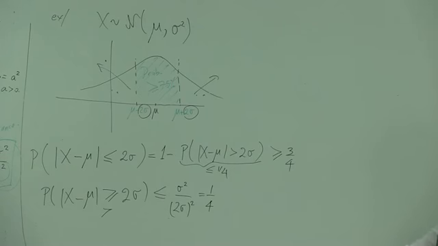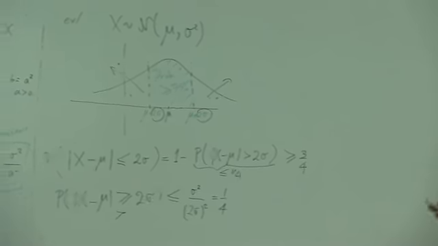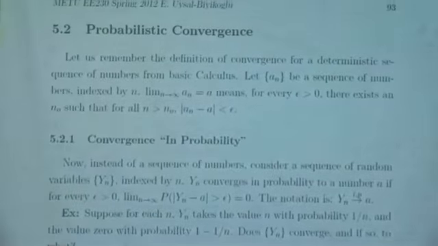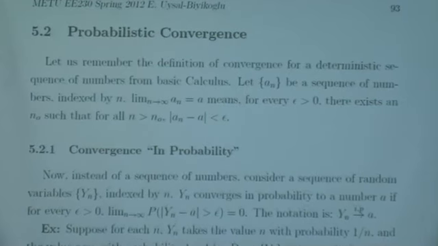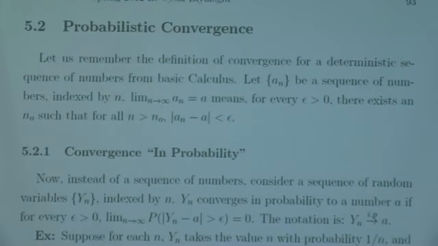Okay. So that concludes our discussion of these 2 inequalities, which we will need for our probabilistic convergence discussion. So probabilistic convergence, as I said, is an important step connecting the probability theory that we've covered so far with the real-life convergence phenomenon that we see, but so far don't know how to address mathematically.